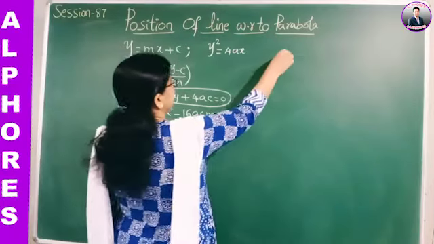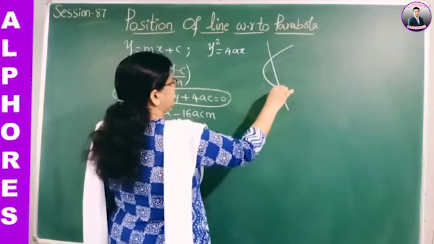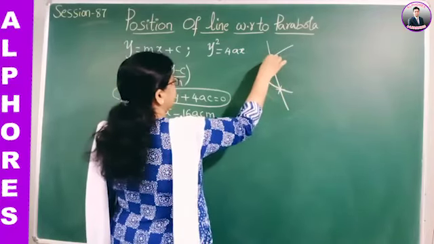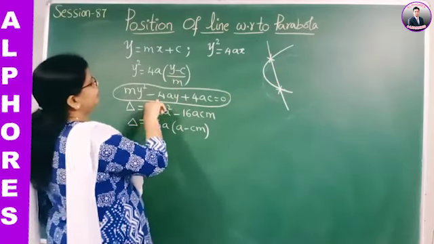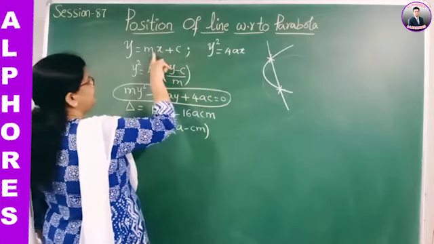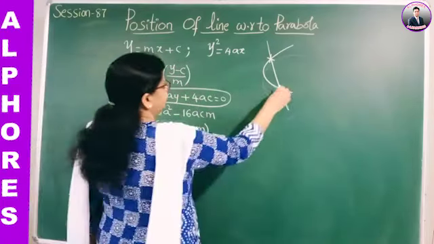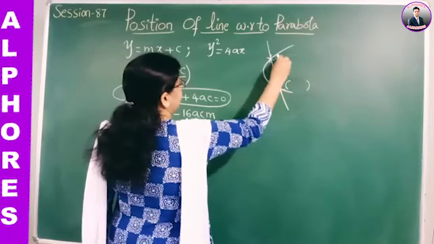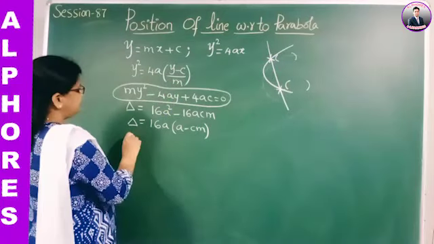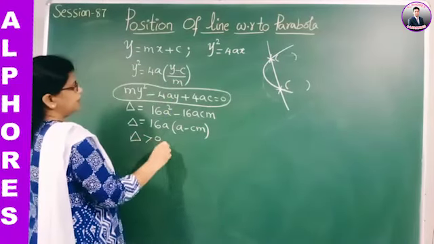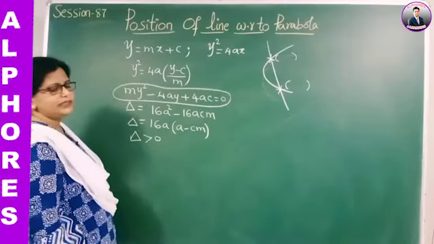That means if this is our parabola and the line is cutting it, y has two distinct real roots, and correspondingly you can get exactly two distinct x values. So these are two different points, hence whenever the discriminant is greater than 0, the line intersects the parabola.